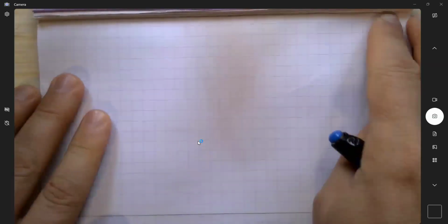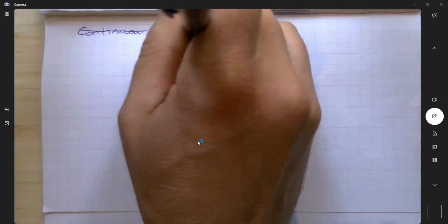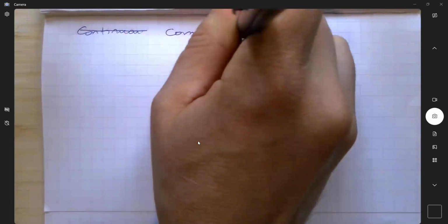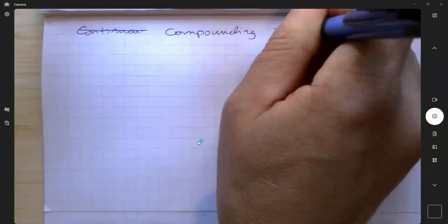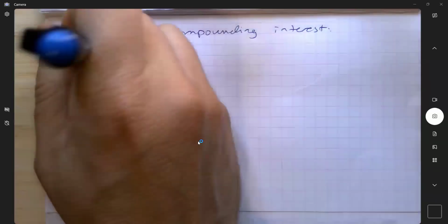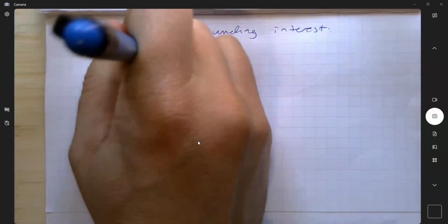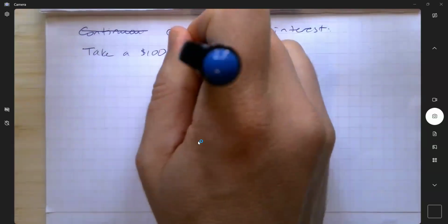So now let's talk about the second type of interest, which is exponential. Compounding interest. So in this case, let's take a $100 loan.